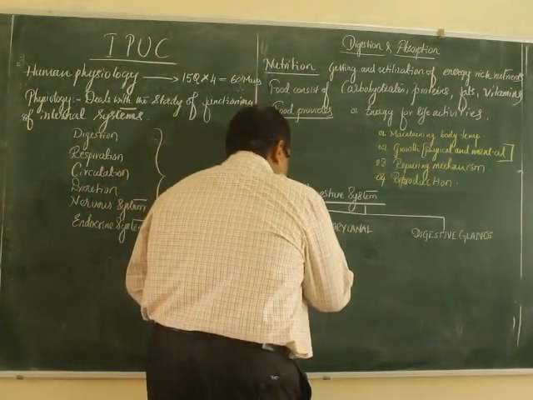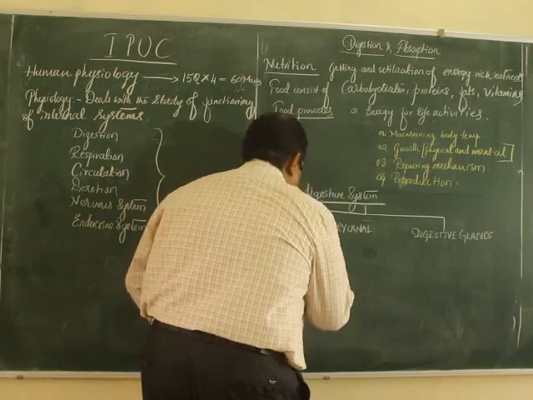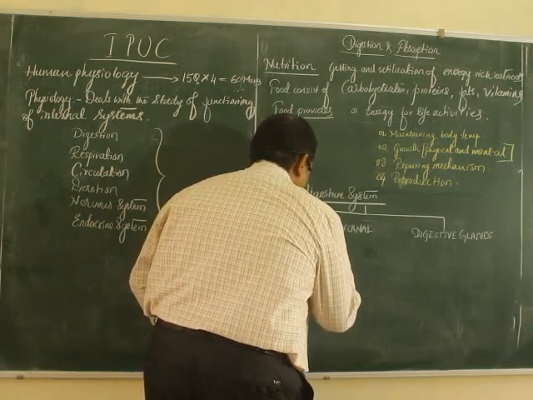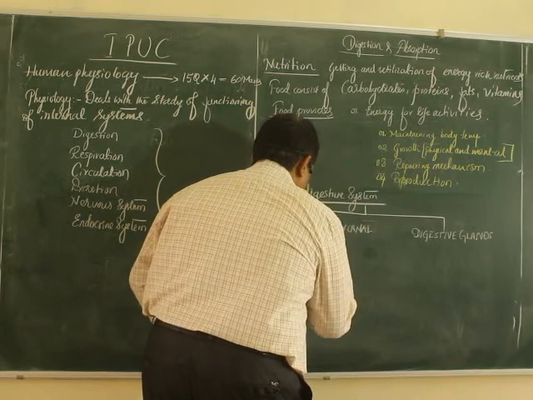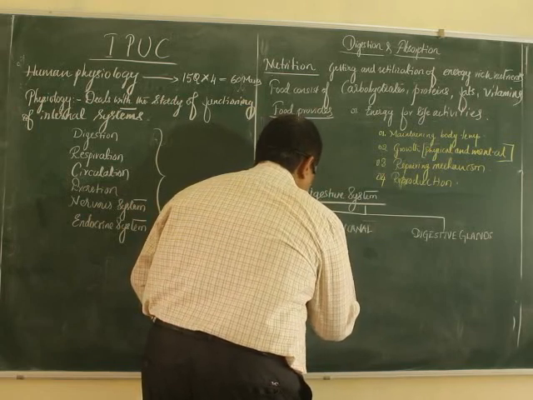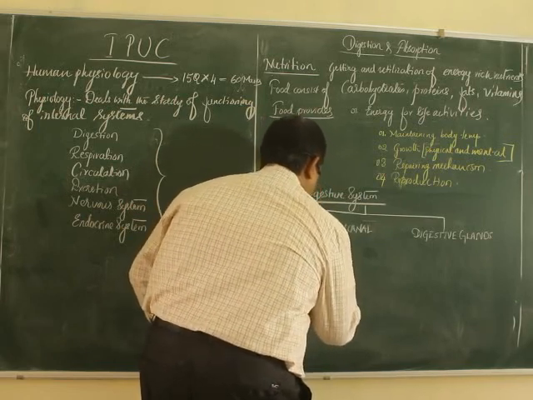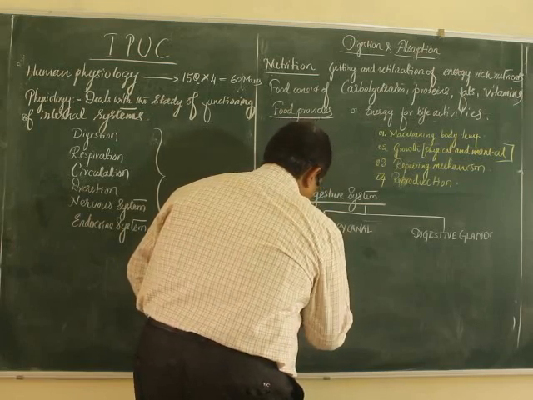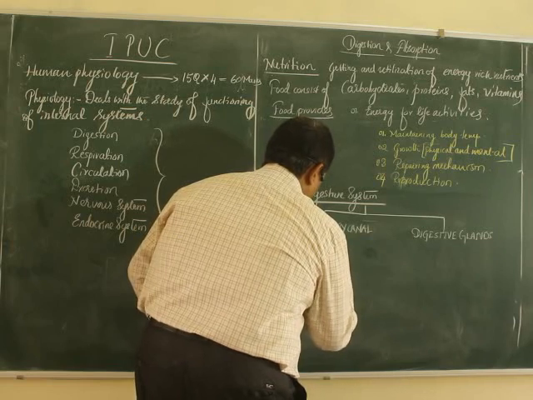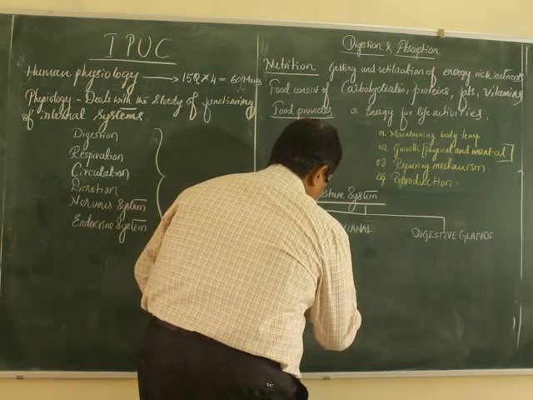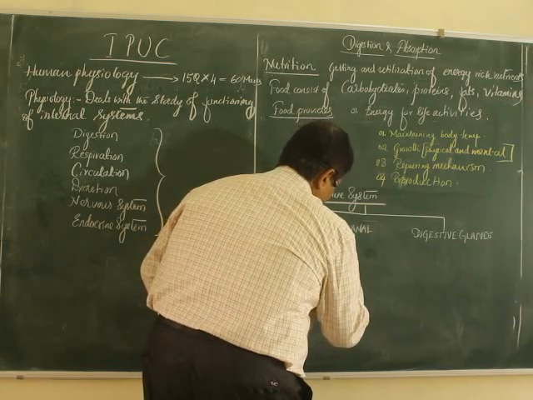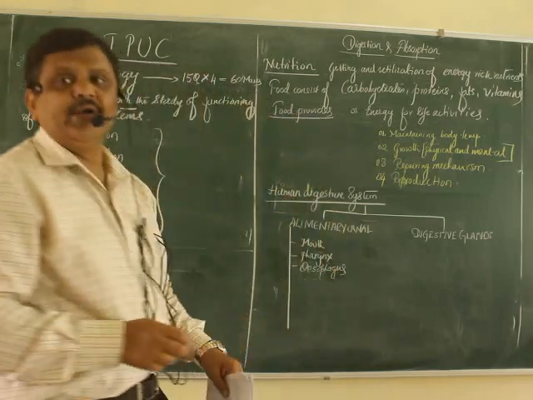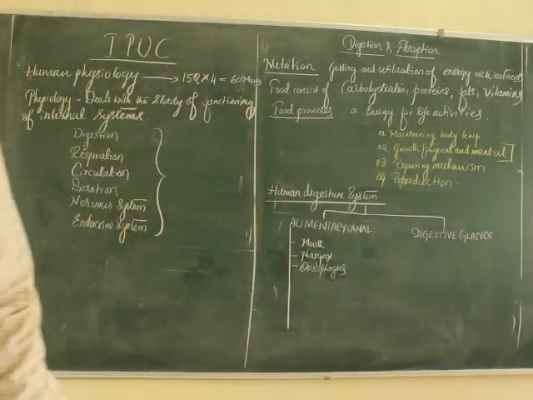So we come across various parts. One is called mouth and pharynx, esophagus, also called the food pipe, and it also consists of stomach.